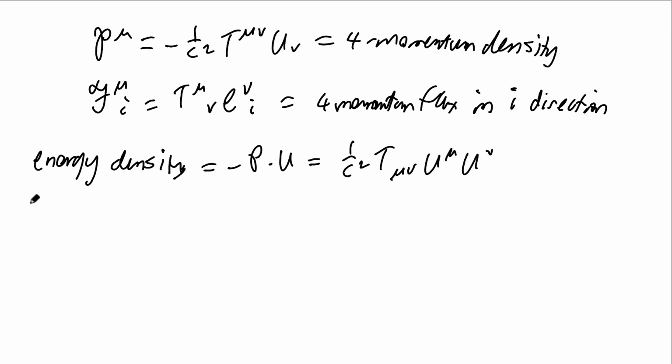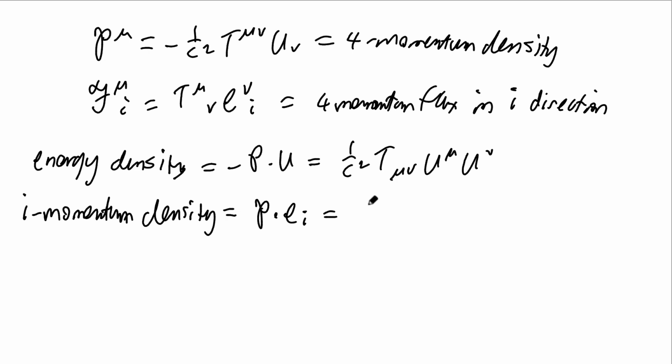The momentum density, or the I component of momentum, let's call that I momentum, that's equal to P dot e_I, which is minus 1 over c squared times T^μν e_μ^I u_ν.